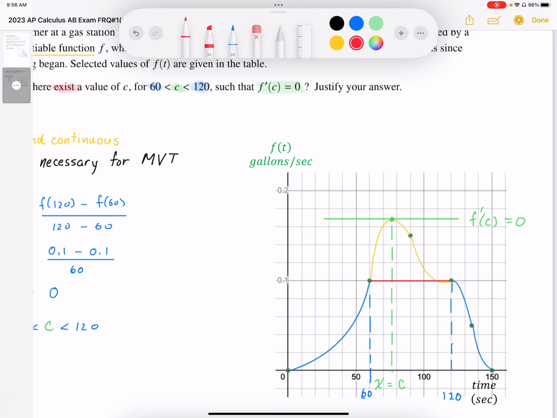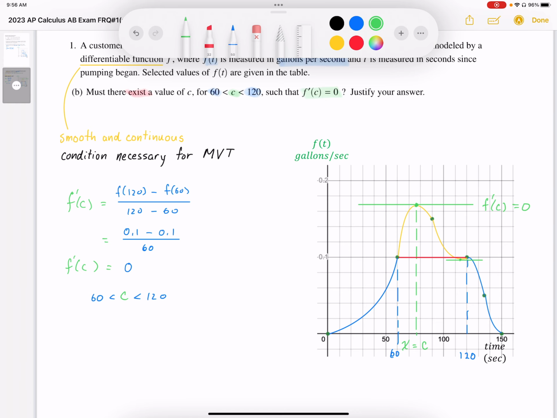Now, there could be more than 1 point. In this case, there could be another point down here where the slope is also 0. But the mean value theorem states that there's at least 1 point, and this will justify f prime of c equaling 0.